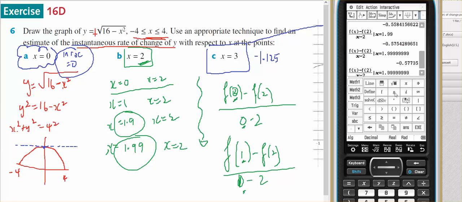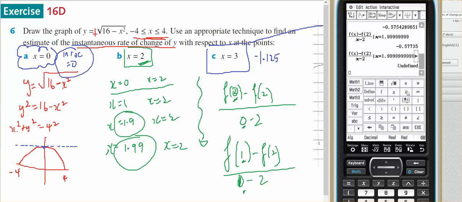0.57735. If I put some more nines, that is, I'm taking my second point so close to the first point, it's almost on top of each other, and I get undefined. So maybe get rid of some of them. Didn't like so many nines, couldn't calculate it. It's so close, it's going to give me 0.